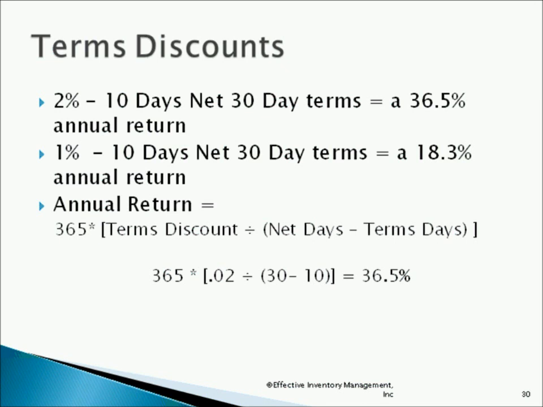Well, that's the equivalent of 18.3% over 365 days. I know a few places where I can get an 18.3% annual return on my money. Okay. Always, always, always take advantage of terms discounts.